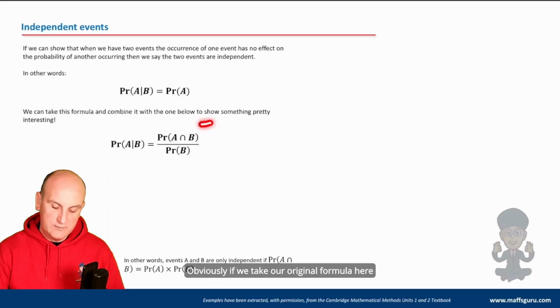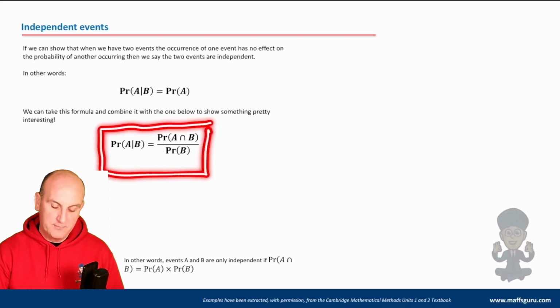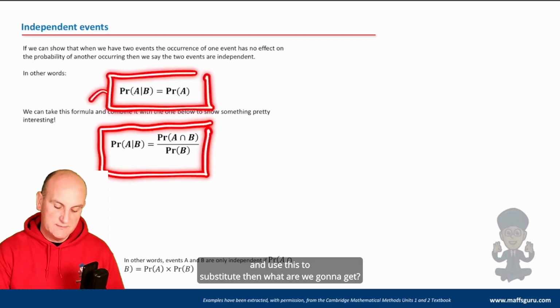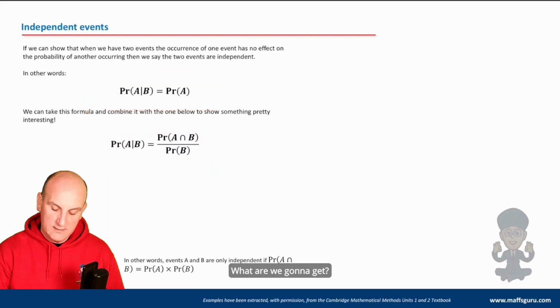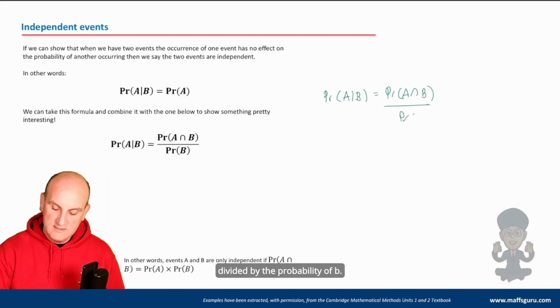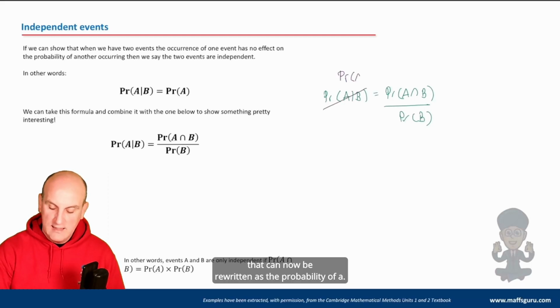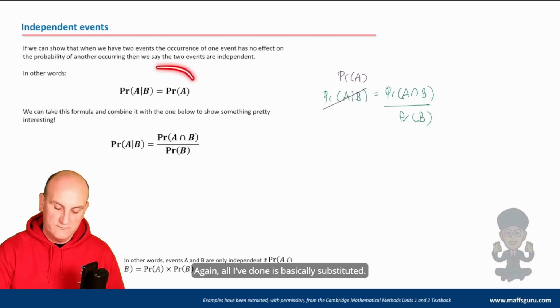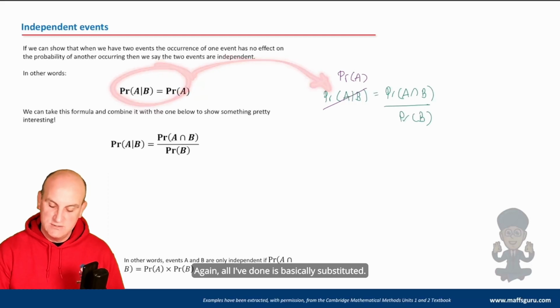Now, if we take our original formula and use this to substitute, we get the probability of A given B is equal to the probability of A and B divided by the probability of B. But for independent events, that can be rewritten as the probability of A. All I've done is substitute.